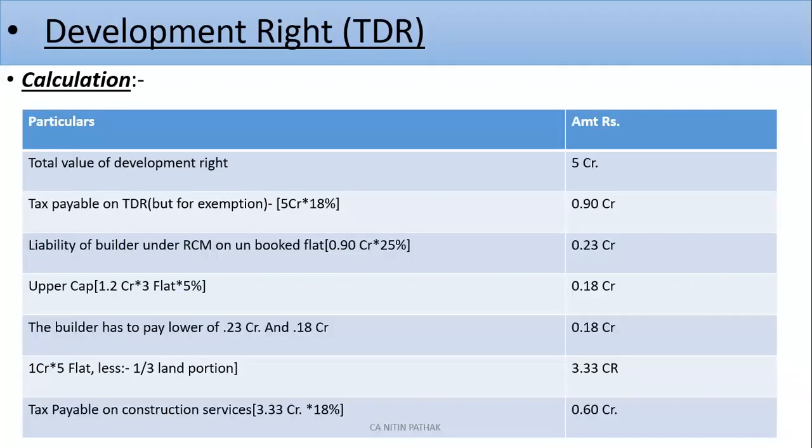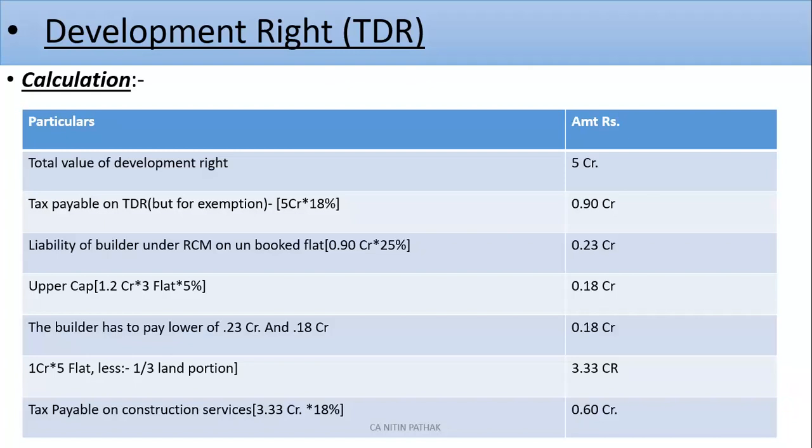What is the total development right? 5 given to the landowner, 1 and 2, is 5 crore. What is the tax payable by that person? 5 into 18, 90 lakh. Liability of the builder on RCM, what is 25% of 9? 23,500. He has to pay 23 lakh, or other proposals are there.